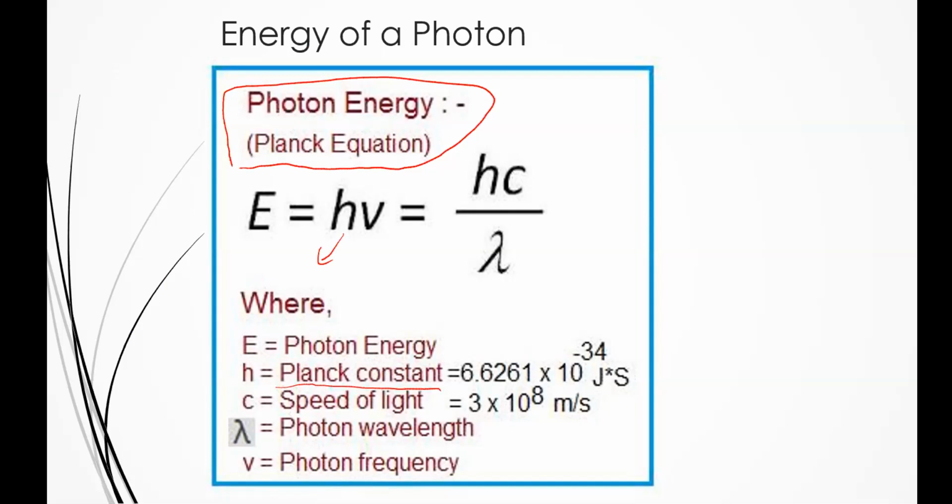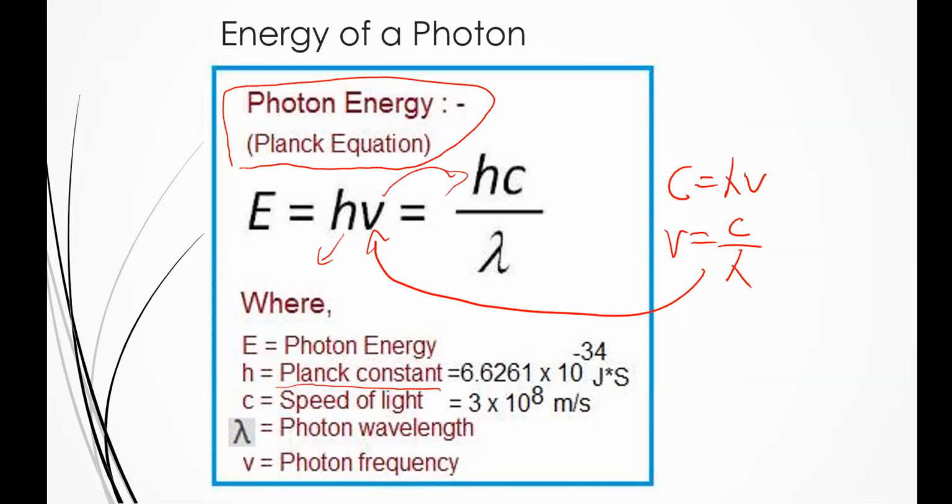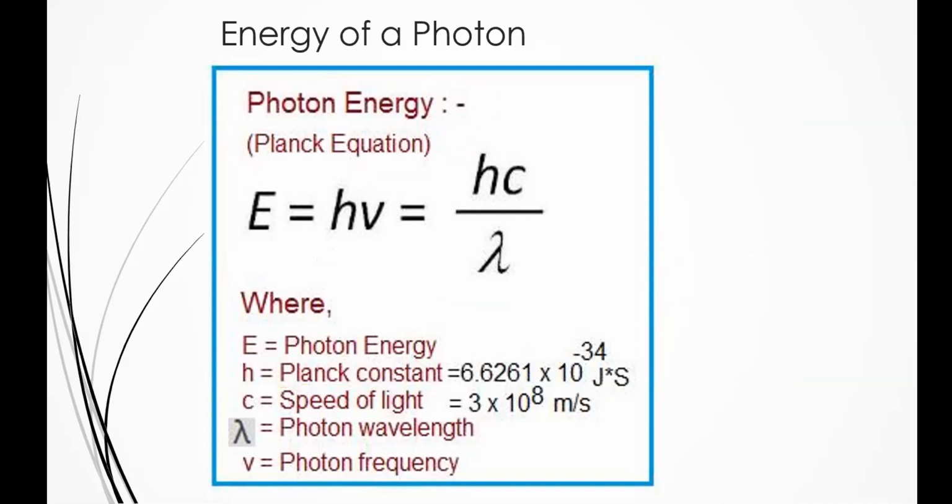Planck said that the energy of a photon is related to how often we see the frequency, how often it shows up in its peaks. And so we've combined two equations: we've used c equals lambda times nu, we solve for nu, and that's how we're able to change this equation into that one. That's how we can connect those two things.